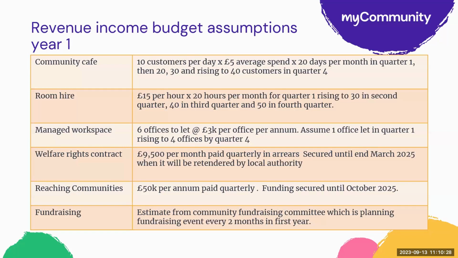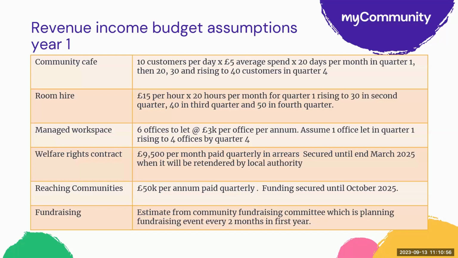So the kind of assumptions that perhaps would go into your plans would be, for your community cafe, thinking about how many customers you're going to have per day when you first set up, how much they're likely to spend, how many days per month you're open, and thinking about what that would look like in quarter 1, quarter 2, quarter 3, quarter 4.